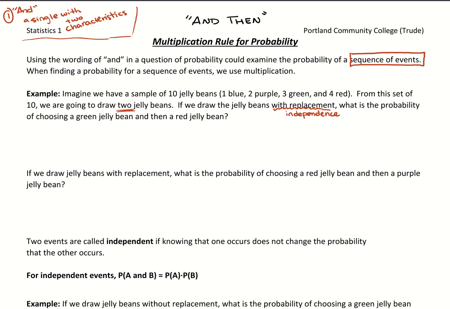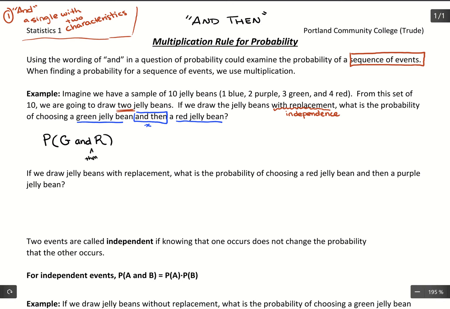So what's the probability of choosing a green jelly bean? And then because this is a sequence of events, this is going to lead to some multiplication, and then a red jelly bean. So in our notation, we write it as probability of green and red, which is confusing because it's not showing this idea that it's actually saying "and then."